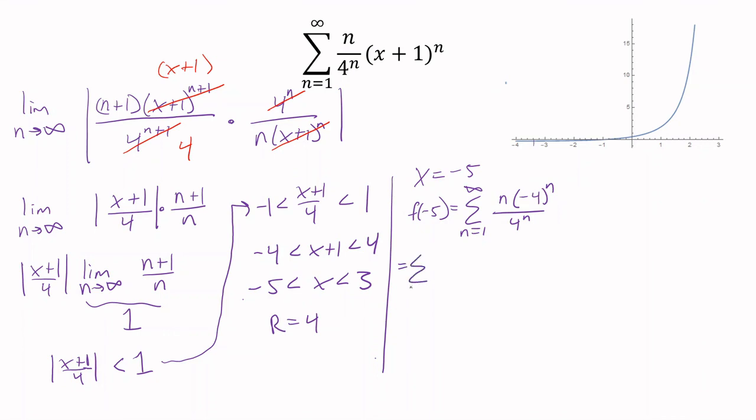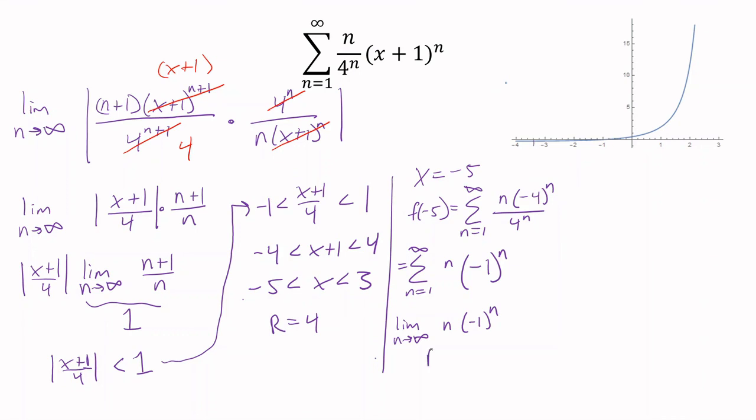Well, that's equal to n times, so -4 over 4 is just -1. So this would be n times -1 to the n. So we can do the limit as n goes to infinity of this sequence here.